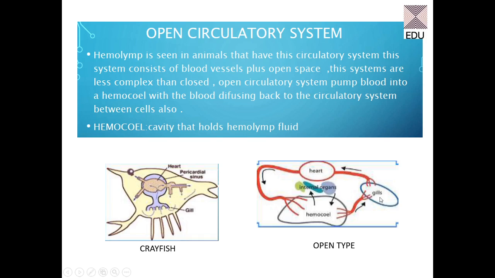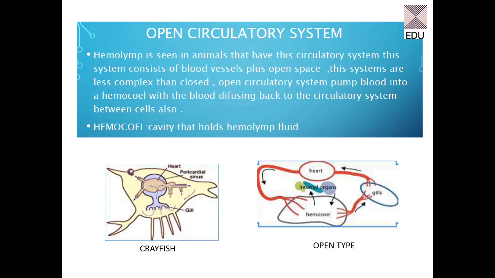When it is oxygenated, it is thrown back into the heart for the pumping action. The heart again pumps this blood into the hemocoel, and from here it is taken up by the organs. This is the course of circulation. So we have the third aspect of open space in the open type of circulatory system.